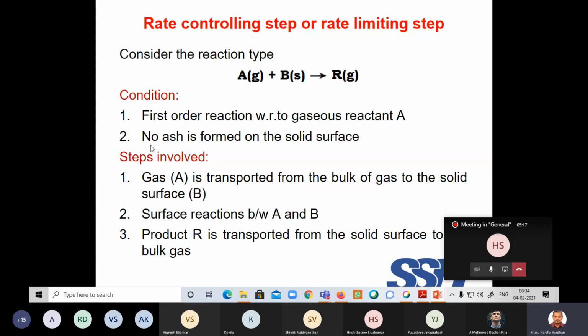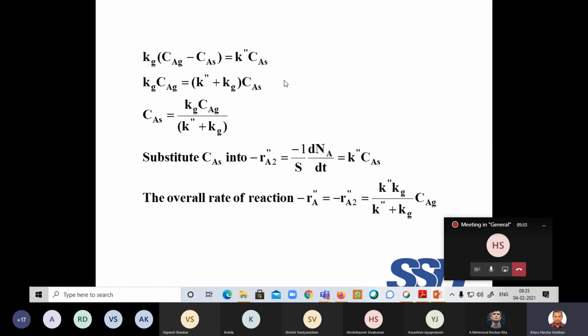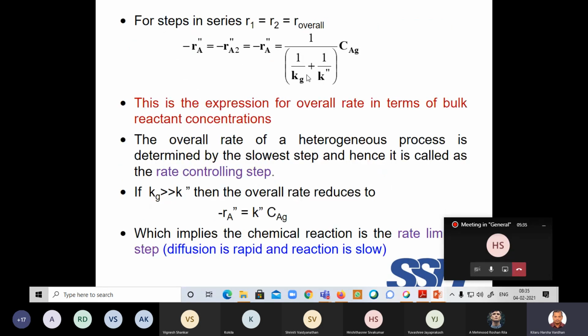When there is no ash formed, how many resistances will be here? Because there is a gas phase, one resistance will be there. Here, there is a solid phase, there will be one more resistance. Therefore, when you derive your rate expression, you get that the rate is the sum of the individual resistances of the gas phase and the reaction phase.